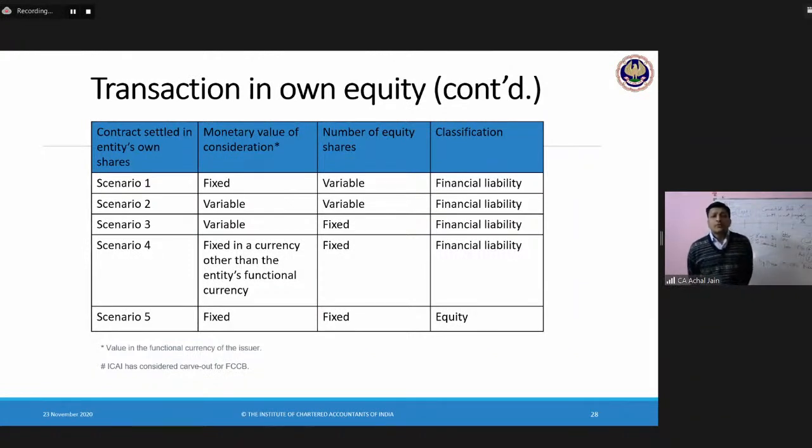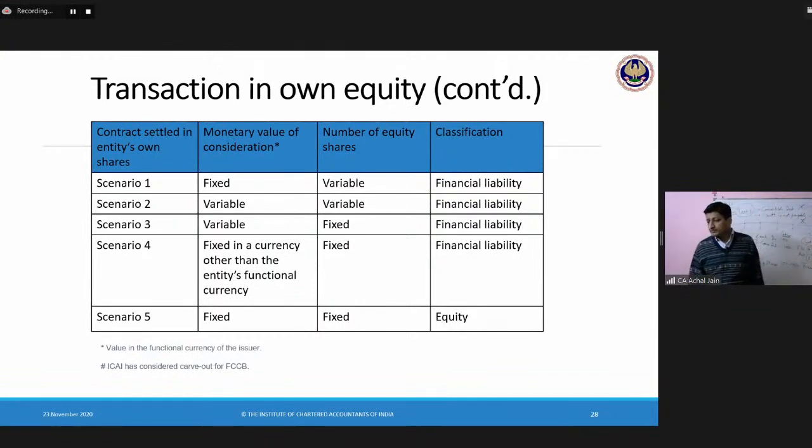See, the holder point of view, as I told you, will have to be determined on the basis of the classification buckets that we discussed. What were the classification buckets? Three: amortized cost, fair value through OCI, fair value through P&L. Now, in this contract, two parties are doing their assessments differently, because the way the issuer will do the assessment is different from the way the holder will.